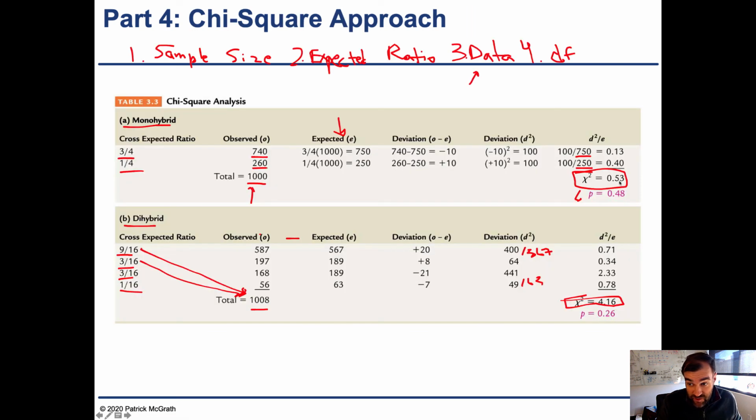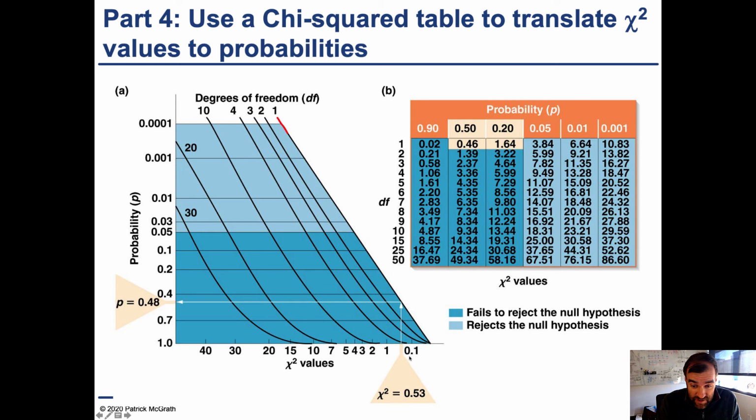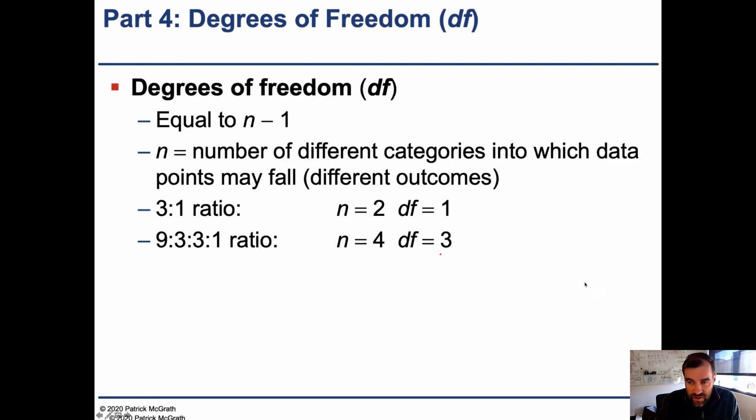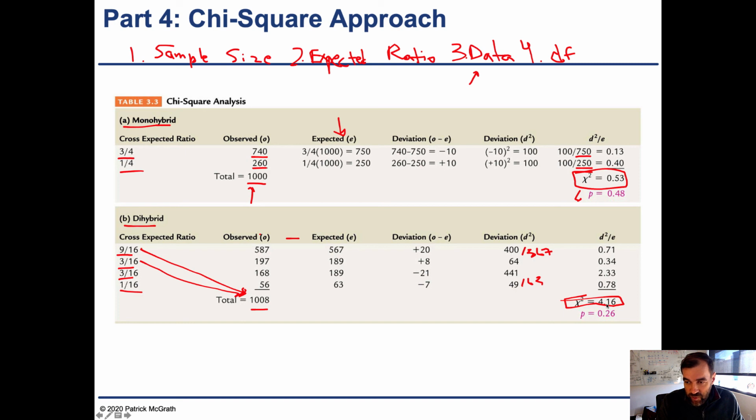Sorry, the chi-squared value is 0.53. So if we go up to here, because we went up to the degree of freedom of 1, the p-value is approximately 0.48. And then here it was 4.16.